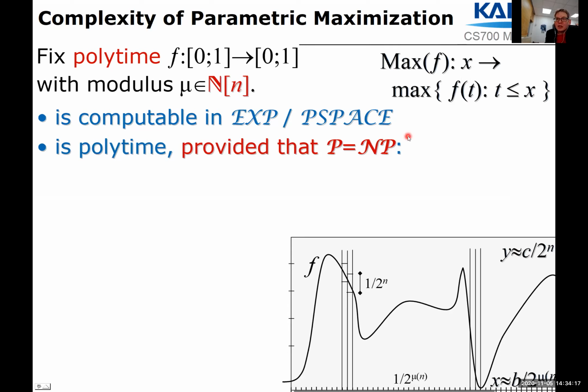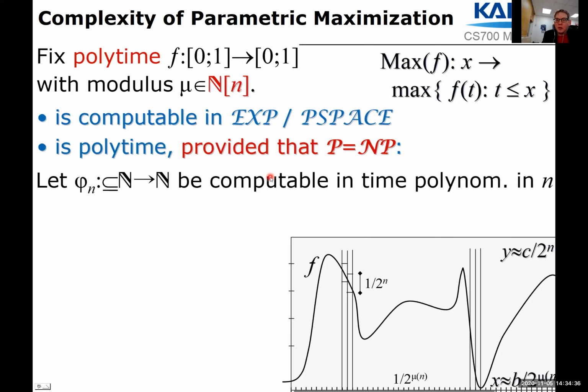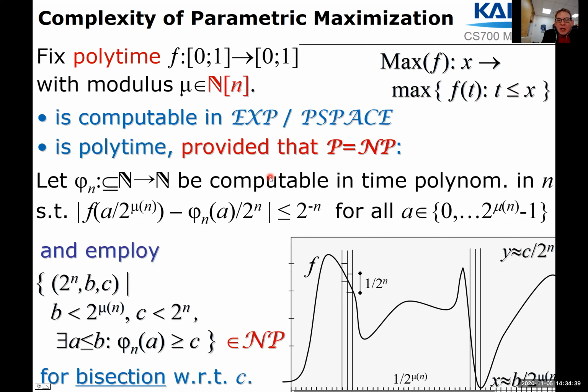And we showed that rigorous algorithms can compute that parametric maximum in polynomial space, but that this can be even improved to polynomial time, provided that the millennium problem P versus NP has a positive answer. The proof uses a certain decision problem that we constructed along the way, which turned out to belong to the class NP.